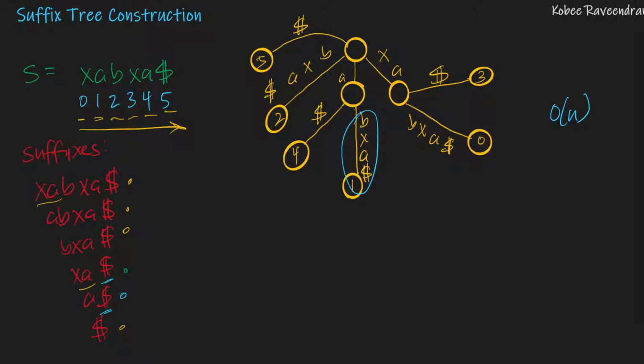That would take maybe an additional order n time per iteration to do all those comparisons. And you could also make other implementation choices that could induce another order n work per iteration. So in reality, you're looking at anywhere between order n squared and order n cubed work at the bare minimum. The goal of Ukkonen's algorithm is to modify a lot of these implementation and algorithmic details to get us to order n runtime.